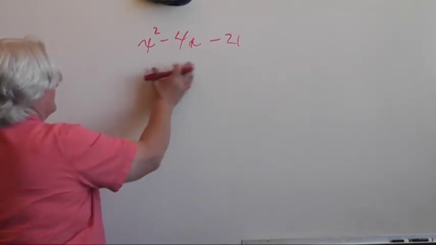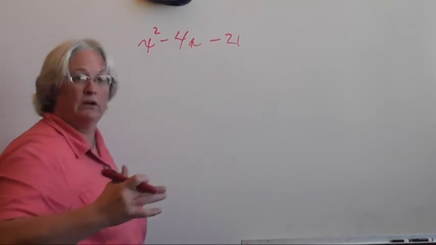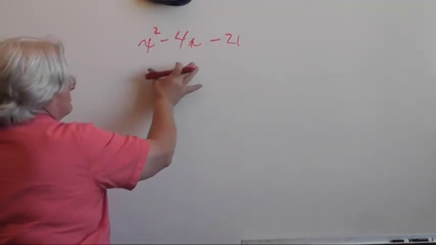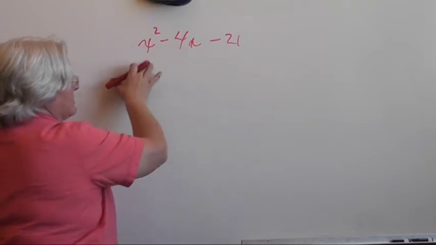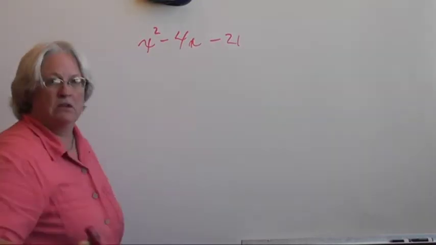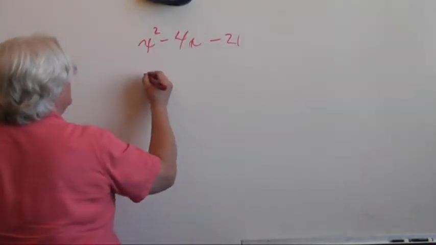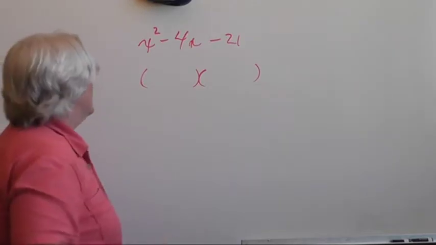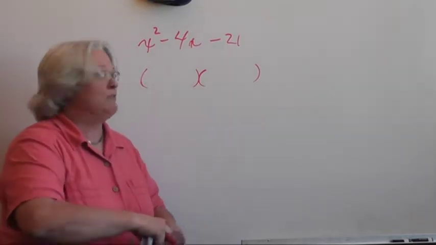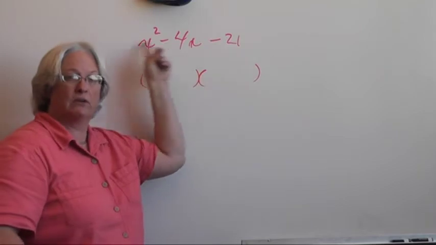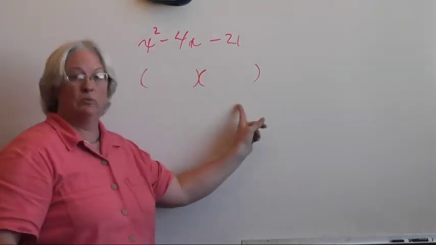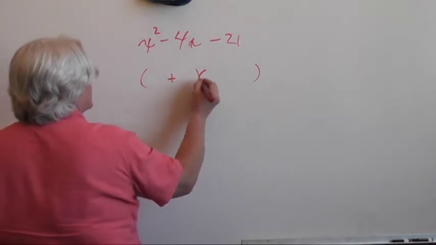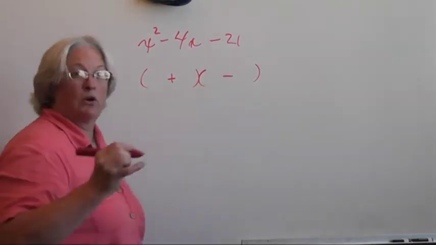So the first thing we want to do is ask, is there any common monomial factor in here? No, there's not. Is this a special product? It's not a perfect square trinomial; that's a square, but that isn't. So no, there's nothing special. But we do know that when we factor this trinomial, it will factor into the product of two binomials. And we can also tell that the signs of these binomials are going to be opposite.